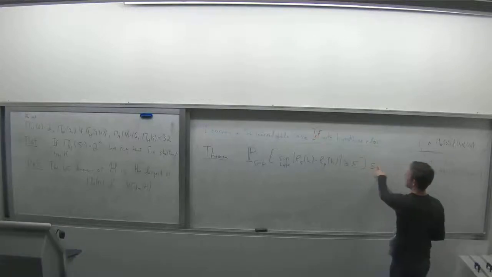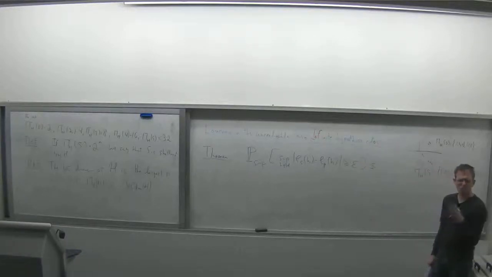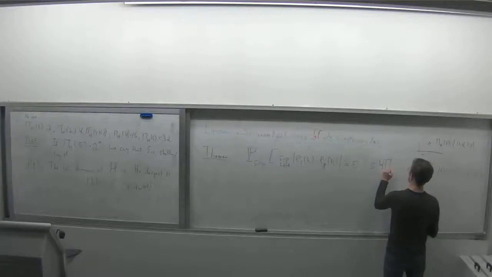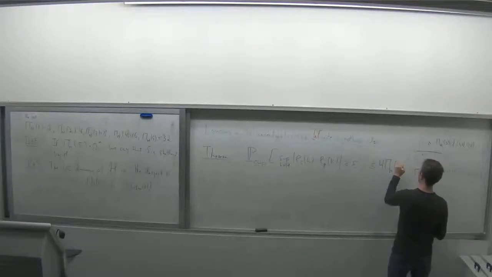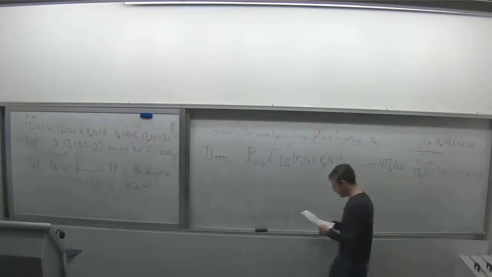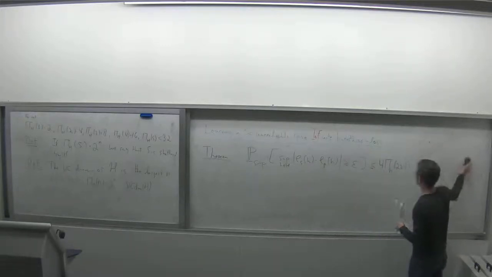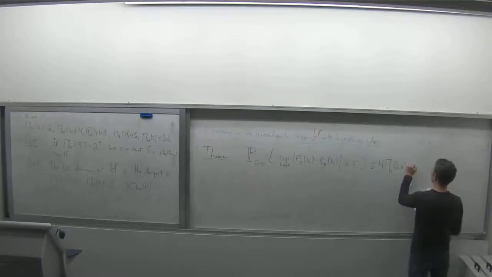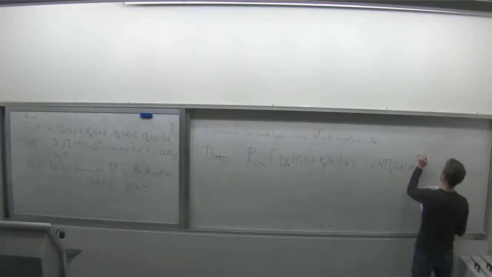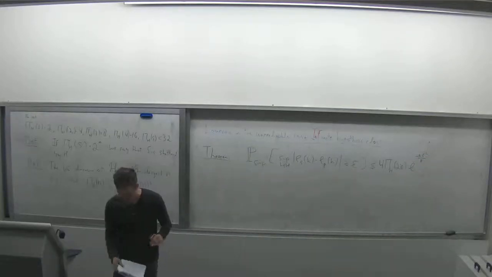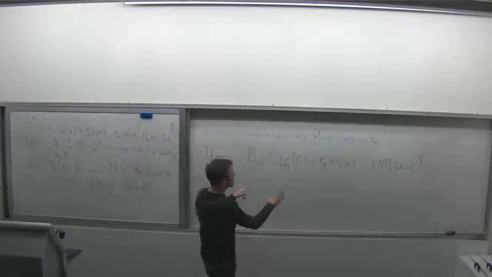This is the stuff that we had before. Before we had two sides of the hypothesis class. Now this will be replaced by 4 times pi_H(2n) times e to the minus n epsilon squared over 8.